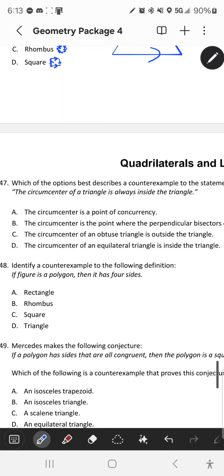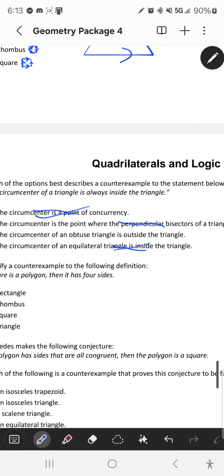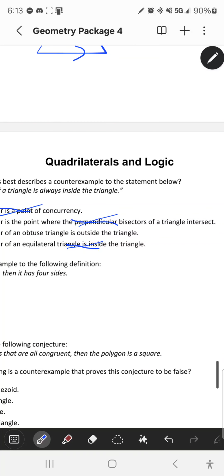Okay. First, we're trying to prove this is false, that it's not always inside the triangle. So I can take this one out because it's saying that it is inside. We're trying to prove that it's outside. Here, they never mention anything about being outside, and here, they also never mention anything about being outside. And also, the circumcenter of a triangle is a line that passes perpendicular to the other one.